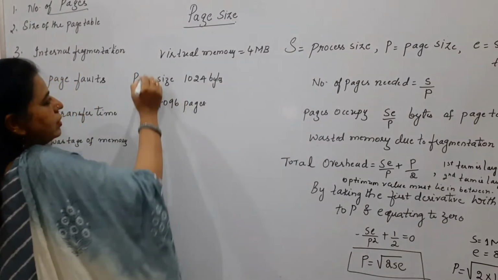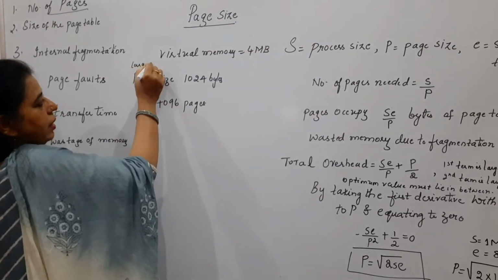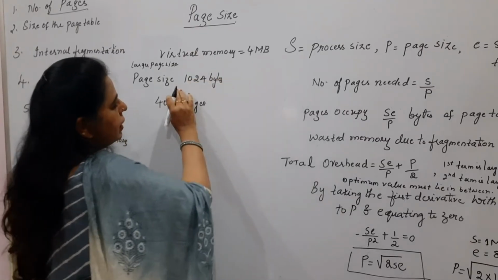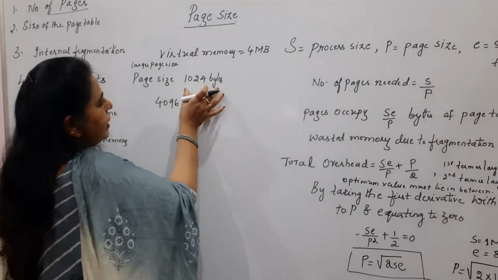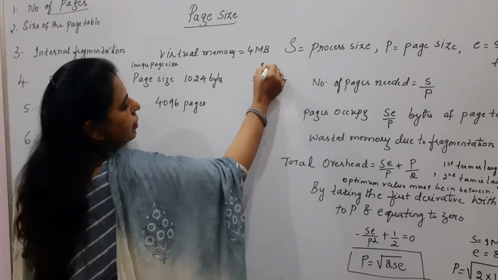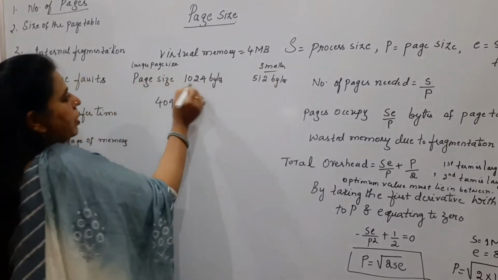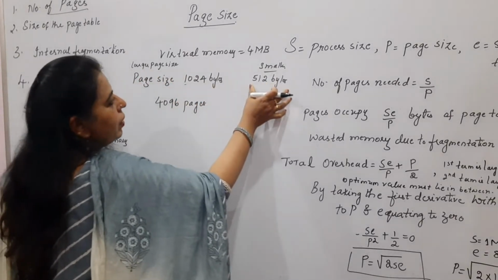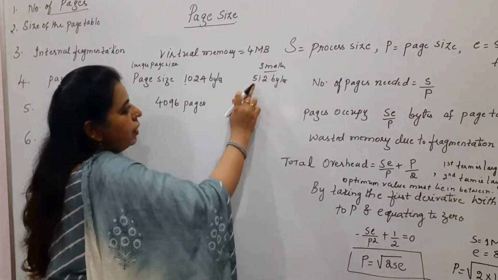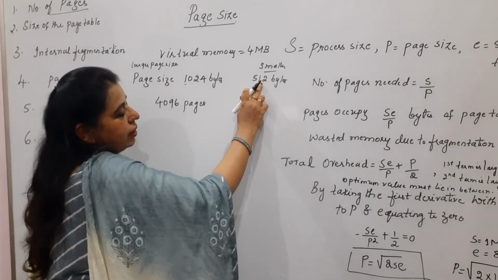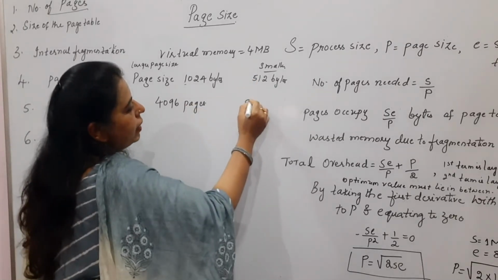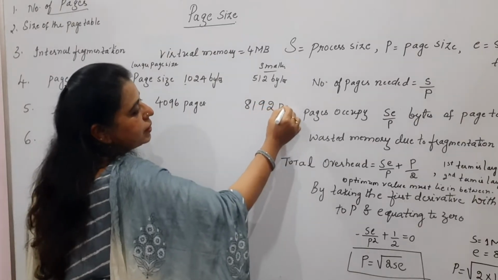To make you understand, I am just telling it is a larger page size. Suppose I want to do this for a smaller page size, then I will reduce the size of the page and make it 512 bytes. Whatever number I am taking here, because I have taken 1024 as larger, now I will take 512 bytes as a smaller value. Then if the size of the page is 512, I require 8192 pages.